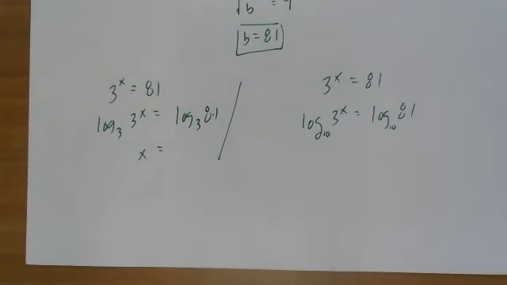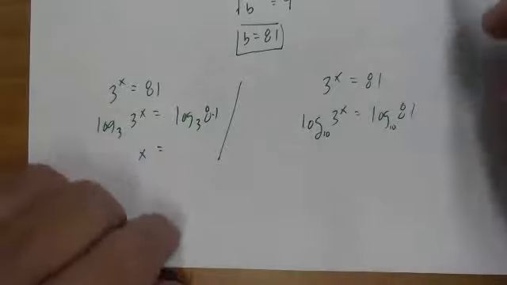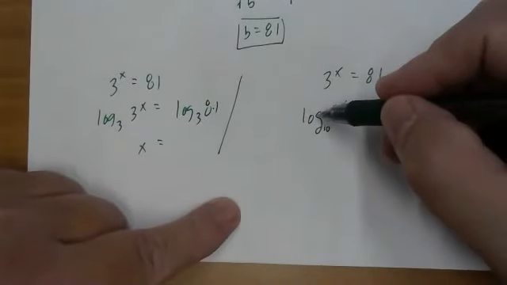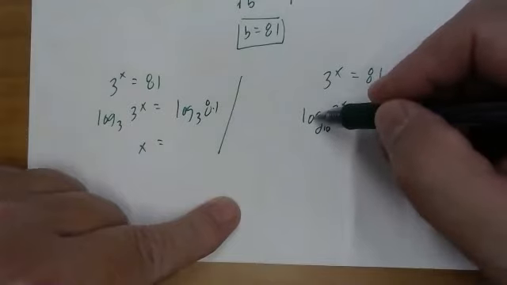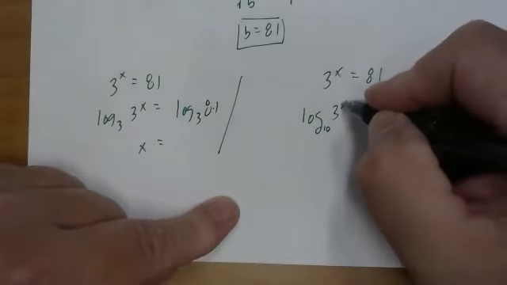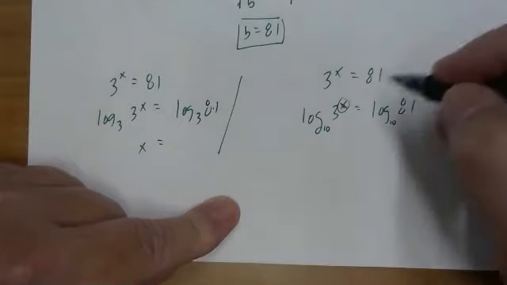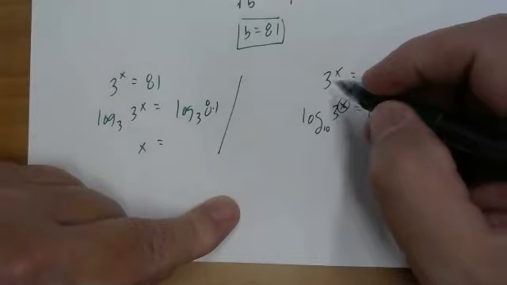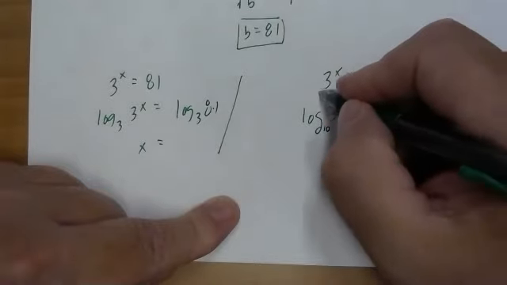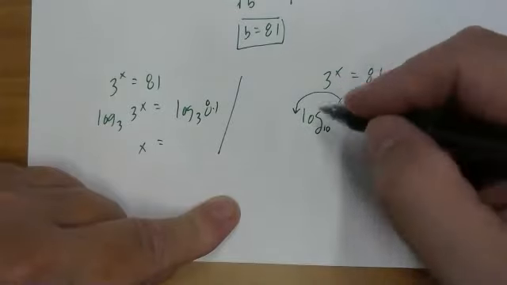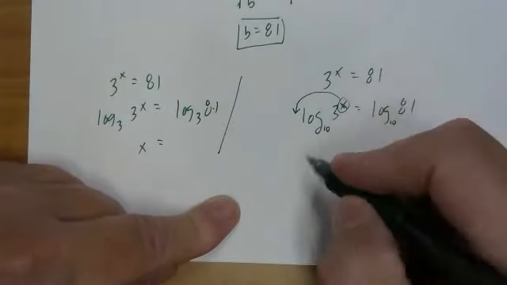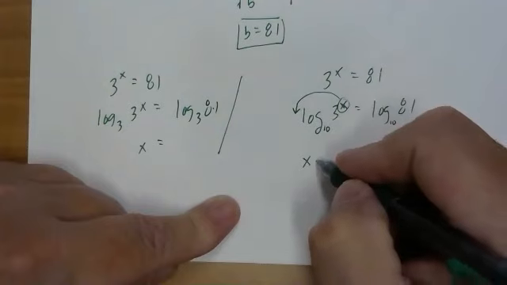Here's an interesting rule and law about exponents and logs. If you have an exponential expression inside of a log, you can take the exponent that's inside the log and you can move it to the front of the log and multiply it by the log.